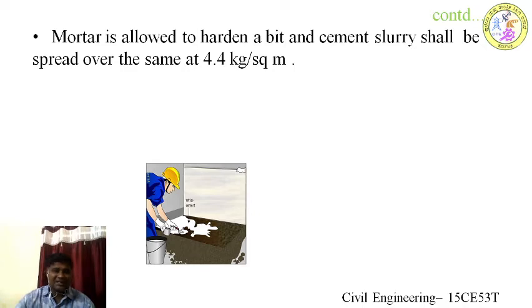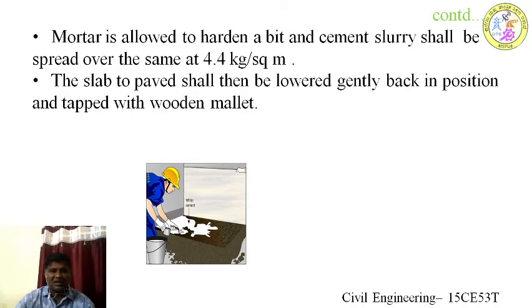Cement slurry is nothing but cement powder mixed with water and suitable additives, of honey-like consistency. This will be poured onto the top surface of the bed, at a rate of 4.4 kg of cement per square meter. And again the slab will be lowered, and using a wooden mallet, it will be made level to the adjacent slab.